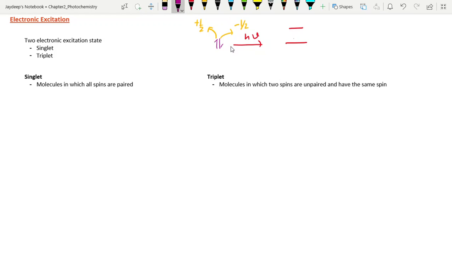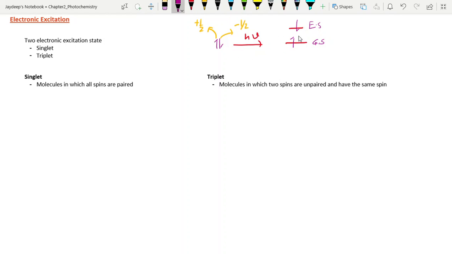And the electrons should be like that. One electron stays in the ground state, and the second electron goes into the excited state with the same spin as it had in the ground state. In the ground state, one electron should be in the upward direction and the other in the downward direction.